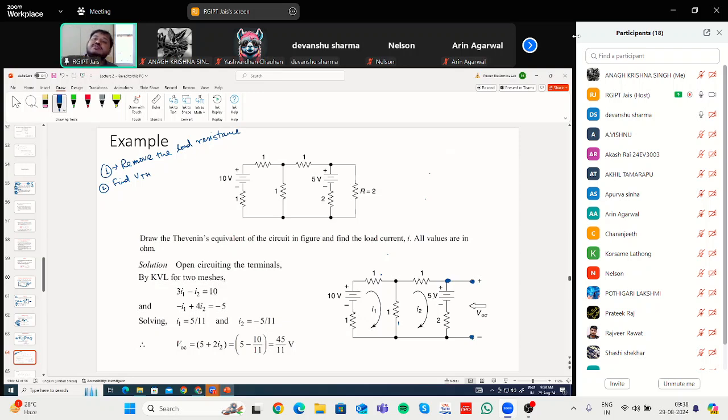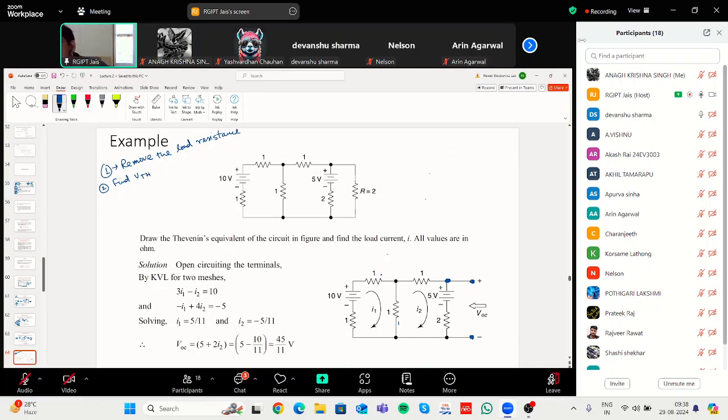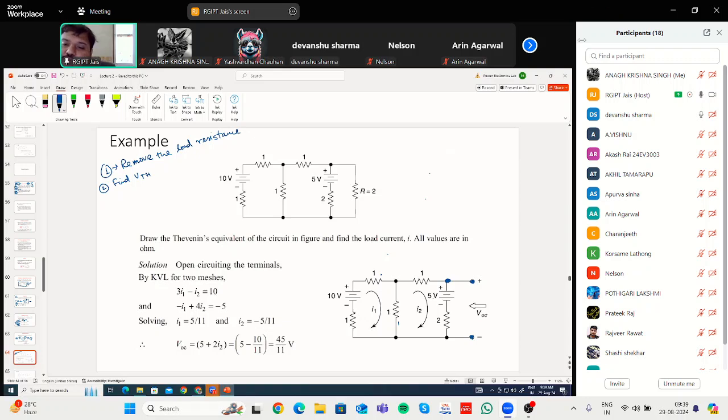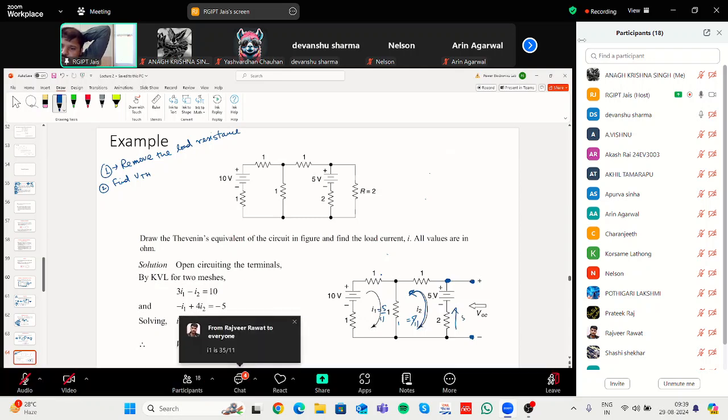The plus sign means whatever direction you have assumed for I1 is correct, so the current flows in clockwise direction with value 5 by 11. For I2, it is minus 5 by 11, so whatever direction you have assumed is wrong. It is flowing in the opposite direction, in this direction, with value 5 by 11. So the current through this 2 ohm resistance flows in this direction, 5 by 11.